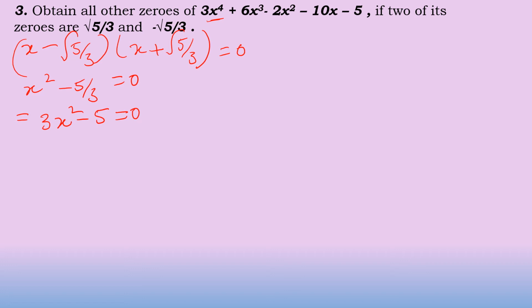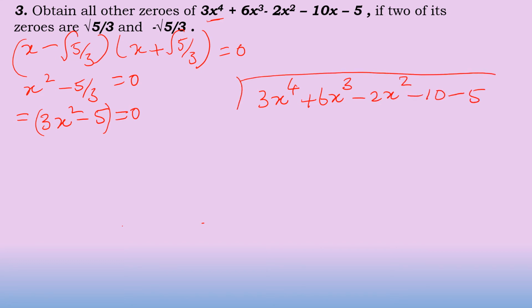So we know 3x square minus 5 equal to 0 is a factor of the given polynomial. So let us divide 3x to the power of 4 plus 6x cube minus 2x square minus 10x minus 5 by 3x square minus 5.